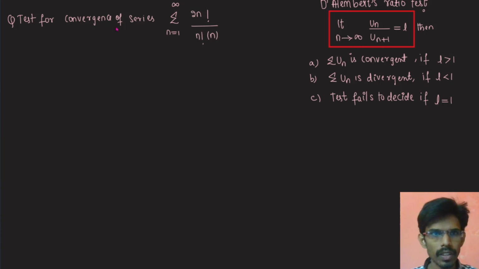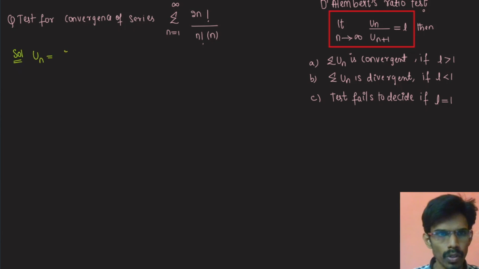Test for convergence of the series sigma 1 to infinity (2n)! by n! into n. Now the general term un is (2n)!, this is a whole factorial so I should take brackets here, (2n)! upon n! into n.